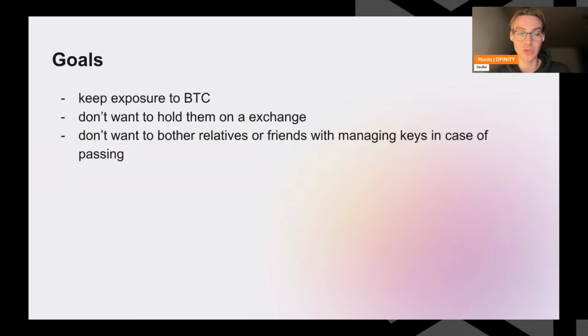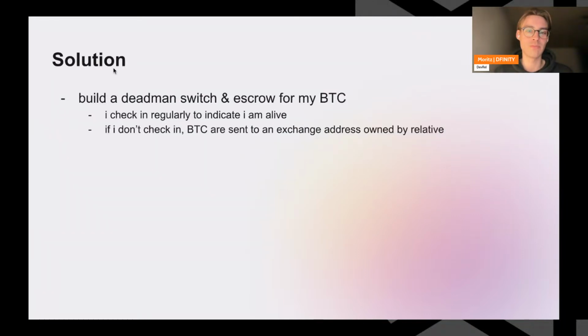Because maybe they don't understand it and you don't trust any other person to help them with that problem. So when you decease, you want to have a secure way that your relatives have access to your Bitcoin without putting them on an exchange directly. And one way you could do this is that you build a deadman switch and an escrow for your Bitcoin.